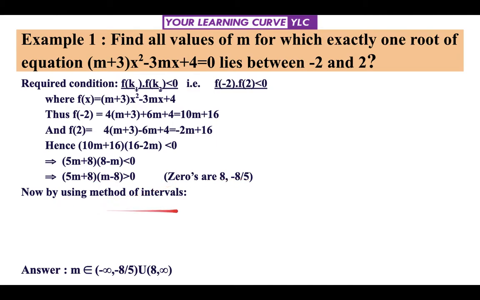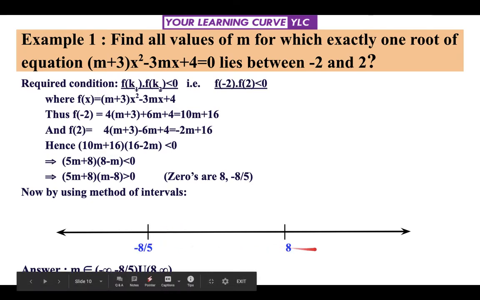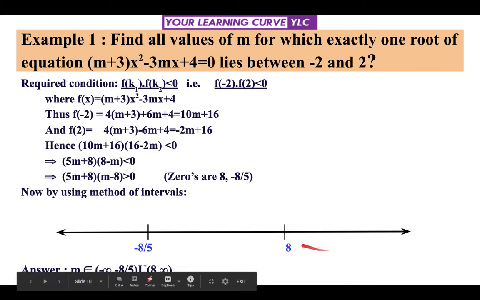So let's proceed for the method of intervals. We plot the number line, we plot the numbers in the order as they appear on the number line, -8/5 and then 8. Since all the variables are positive, we start with a positive sign from the extreme right, meaning beyond it we put a positive sign.